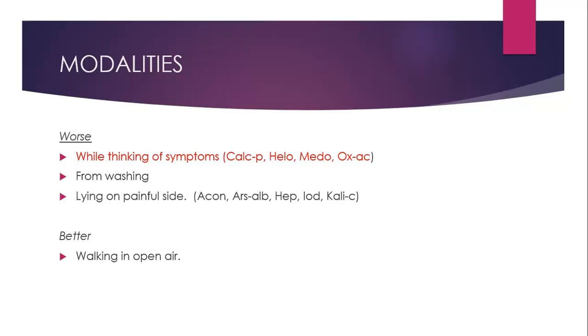These remedies show aggravation of complaint when they are thinking of their symptoms. Okay, and there is one more important modality, lying on painful side, that is your Aconite, Arsenicum album, Hepar, Iodum, Calcarea carb. The opposite being shown by Bryonia, Pulsatilla, Ammonium carb. Alright.